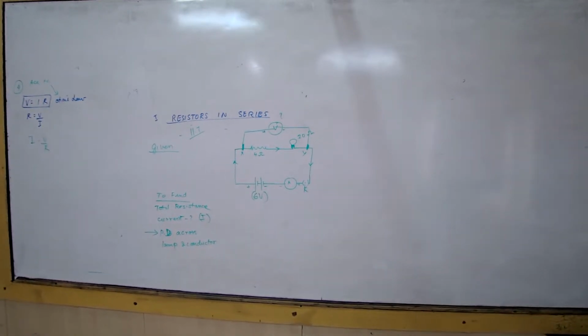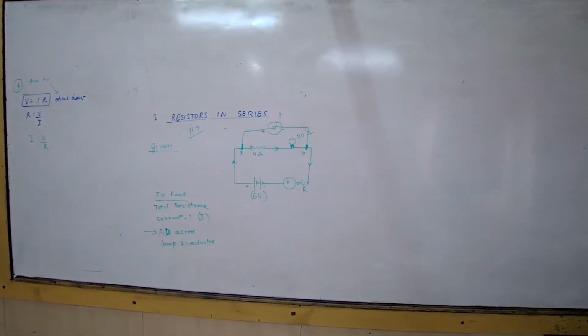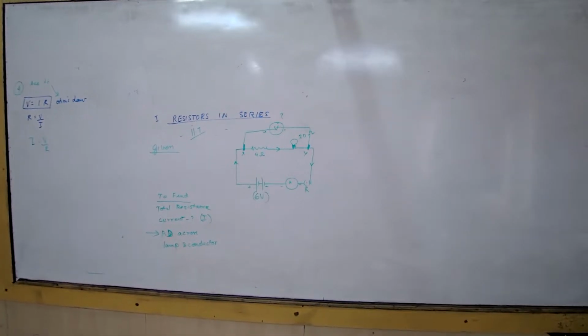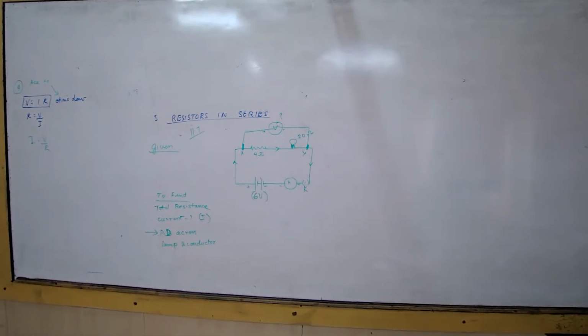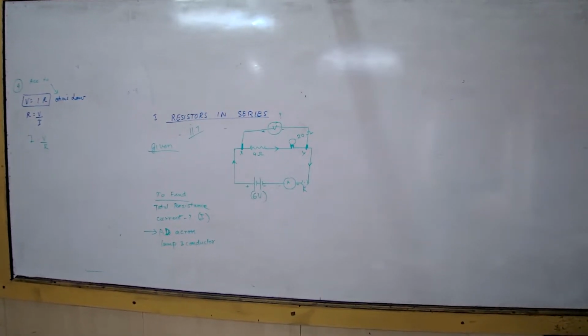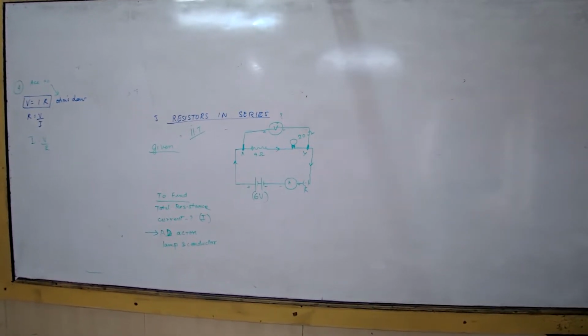First step, please write down. R1 is equal to 20. R2 is equal to 4. Therefore, RS is equal to R1 plus R2, which is 24.